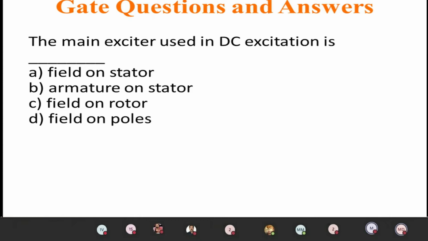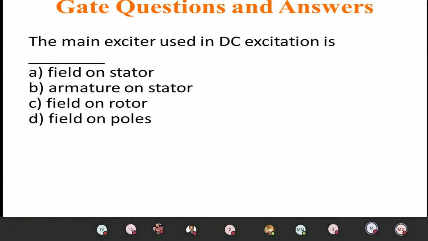We know that the field winding is in the rotor. In the main synchronous generator we use a rotating field. But the question is not like that, so don't answer suddenly.